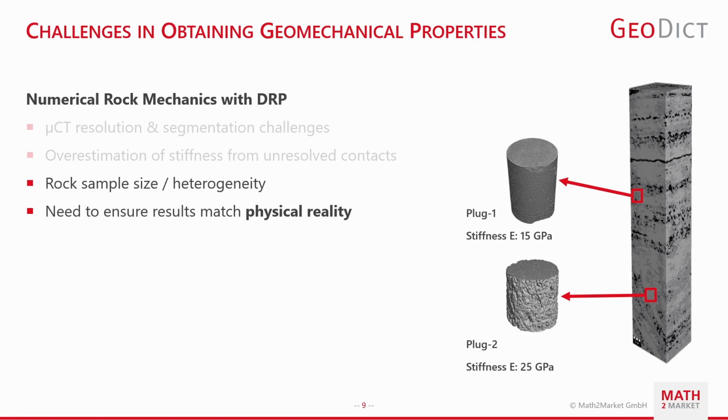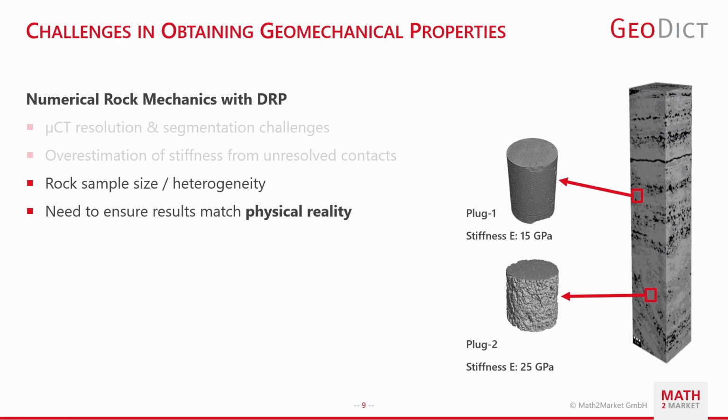There are different approaches for tackling the heterogeneity and upscaling of stiffness, one of them also from the Stanford University group. Now, there is another question, and that is, how do the results from the simulations match with physical reality and the experiments? Oftentimes this question is raised, and it may require some modeling of the stiffness of the rock matrix.